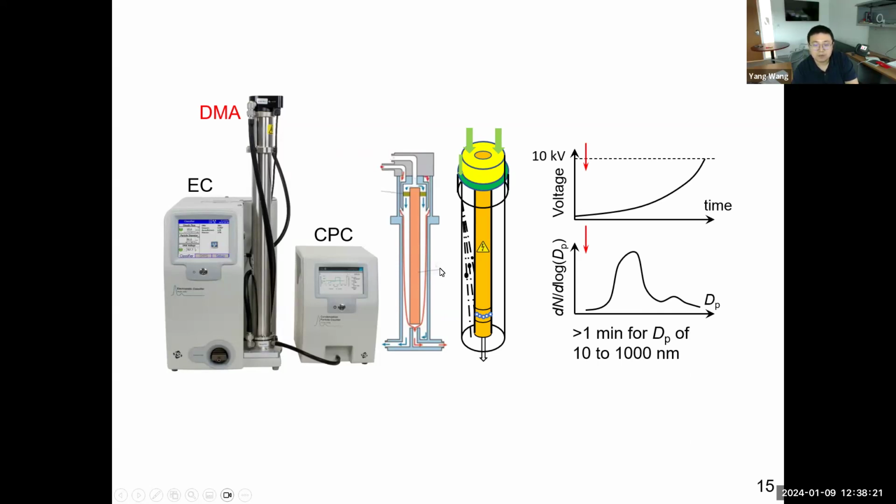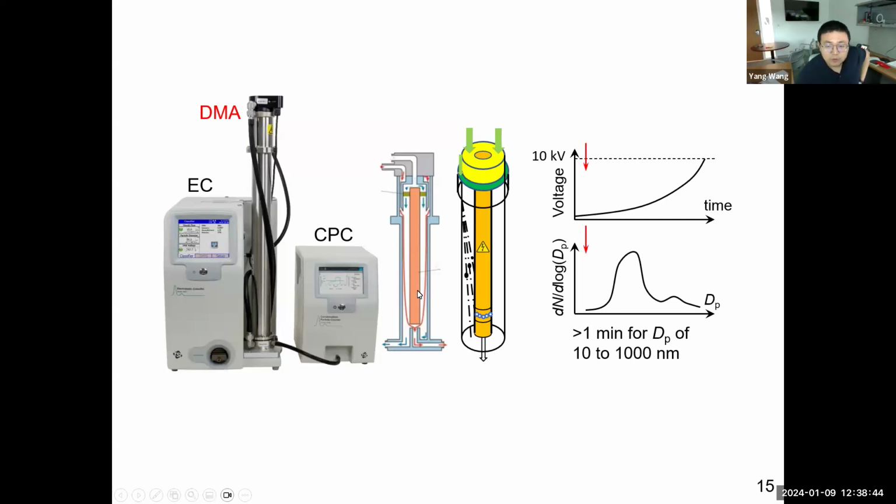For example, if you give it plus 1,000 volts, it can attract negatively charged particles, and then particles with specific sizes get classified and further get counted by the CPC, right?